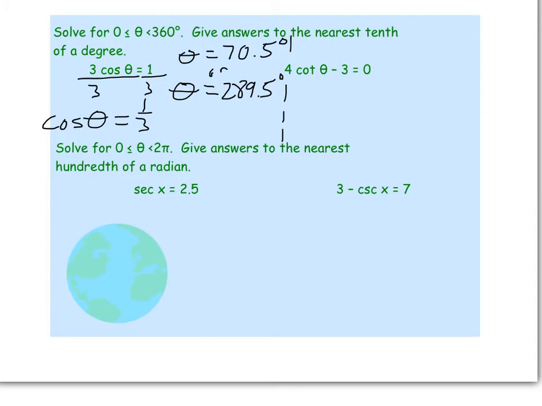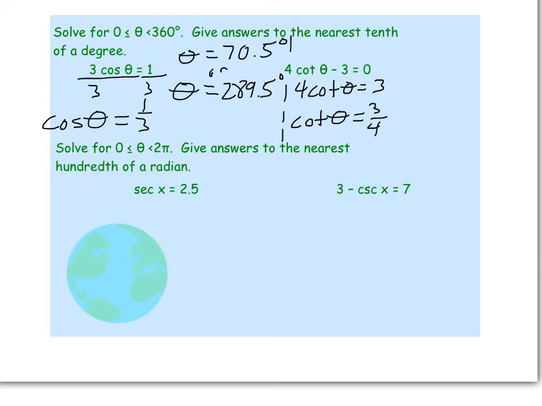Here's an example with cotangent. I have a little work to do here. I want to get this solved, so cotangent is all by itself. I will first add 3 to both sides, then divide by 4. Then I get that cotangent is 3/4.